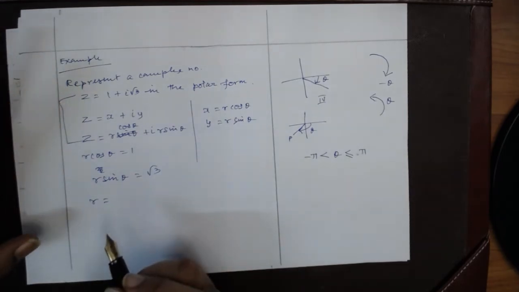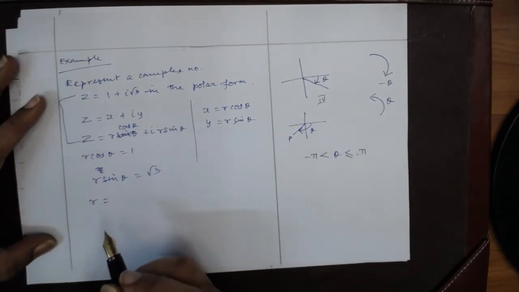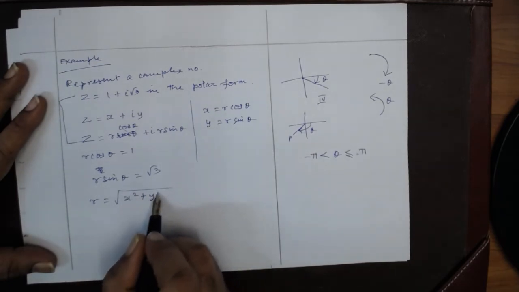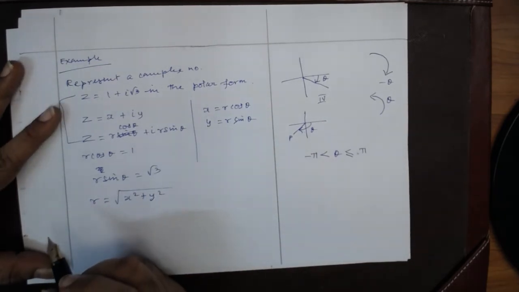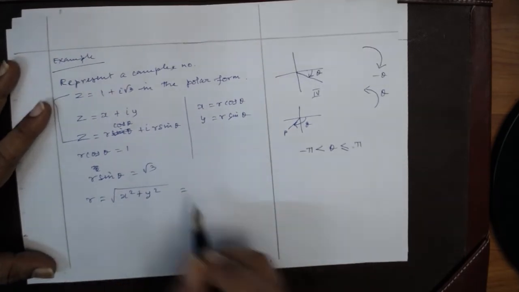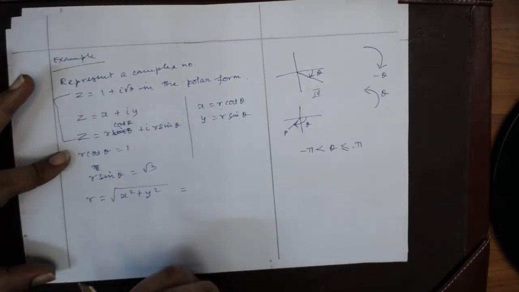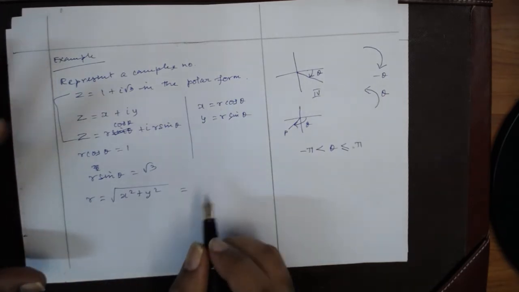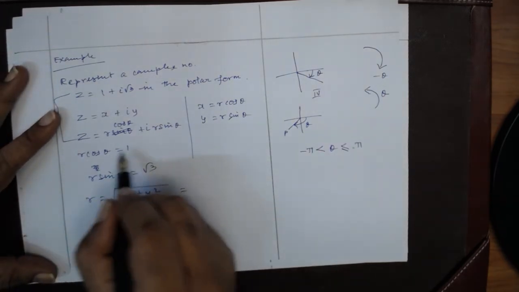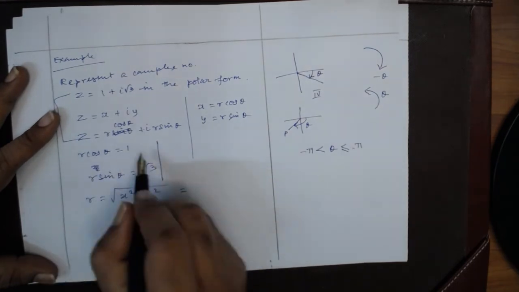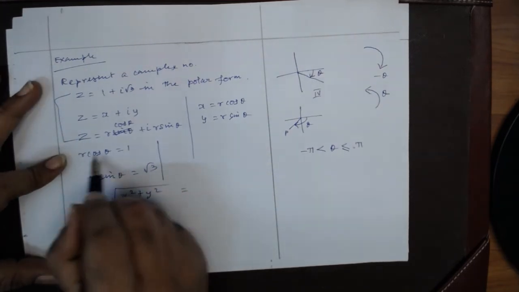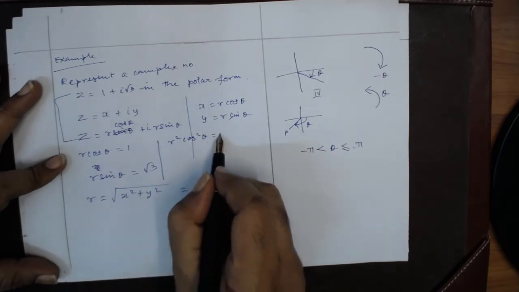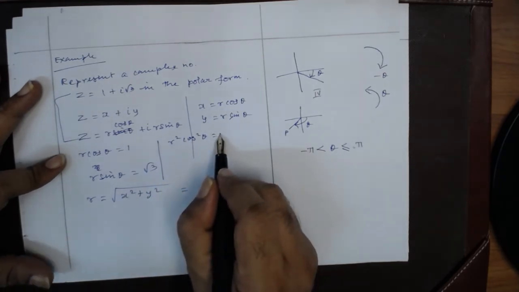We already know what this r is, which is nothing but the modulus of z, that is the whole square root of x squared plus y squared, is it not? So in this case, let us square this. Squaring on both sides, r squared cos squared theta is equal to how much? 1.